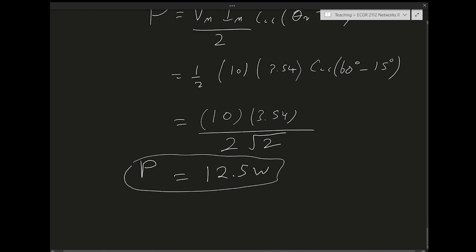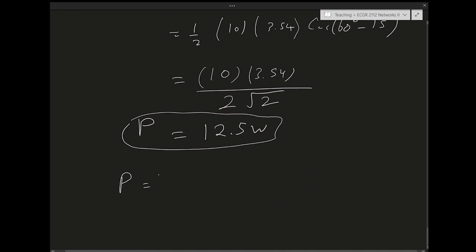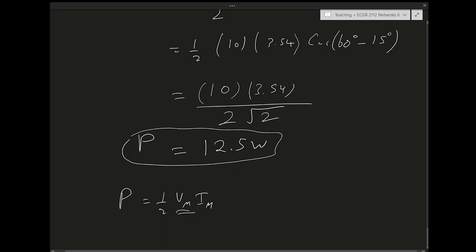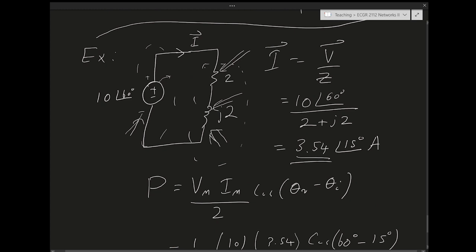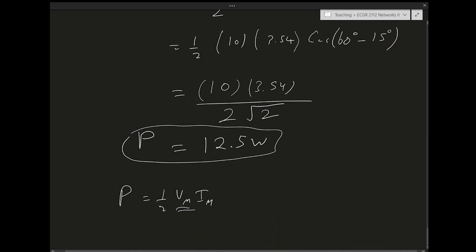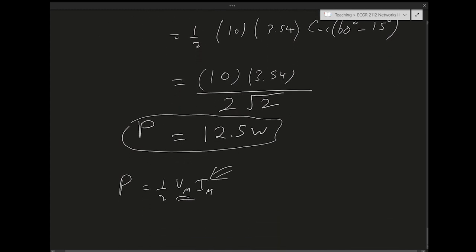Right? So to do that, we do P equals half Vm Im. But in this case, Vm is not the Vm of the voltage source. Vm comes from the voltage across the resistor. So we need to find first the voltage across the resistor and then use that in this equation to get the average power.